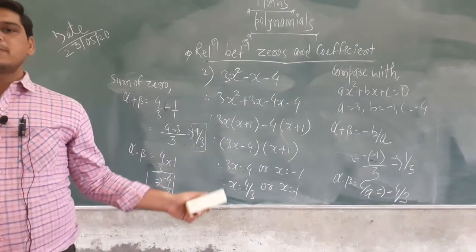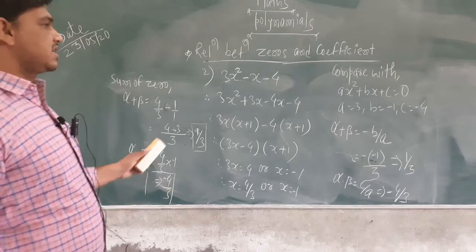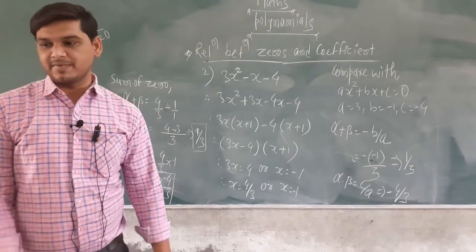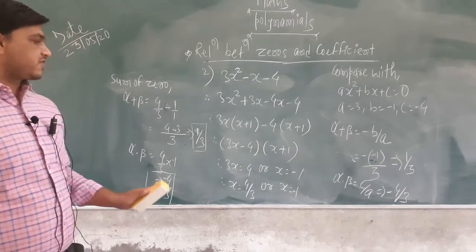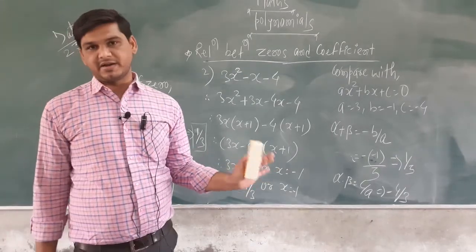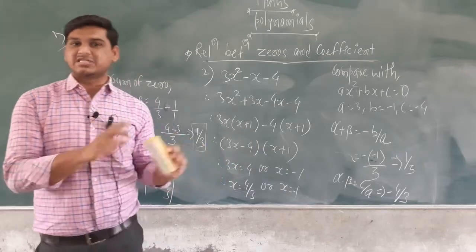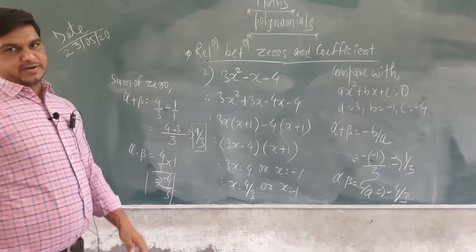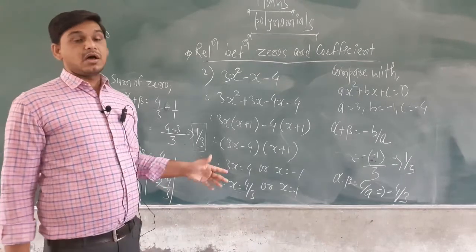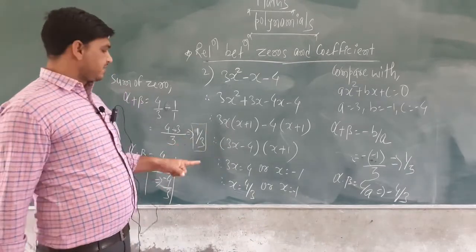So that is generally the relation between the zeros and coefficients, that we can find easily. By using this method we can find the sum of zeros and the relation with coefficients. Now if the sum of zeros and product of zeros is given, how can we find a quadratic equation? That is vice versa.